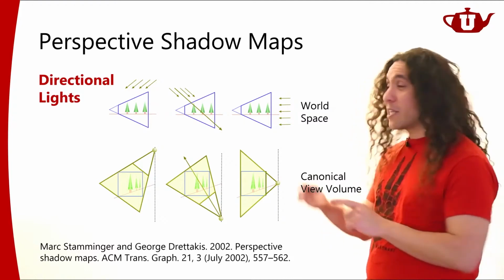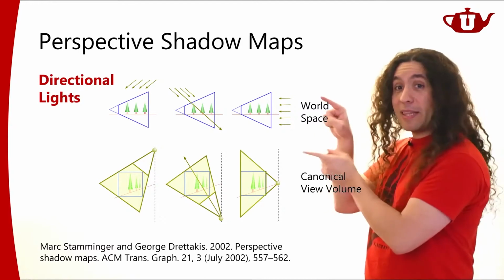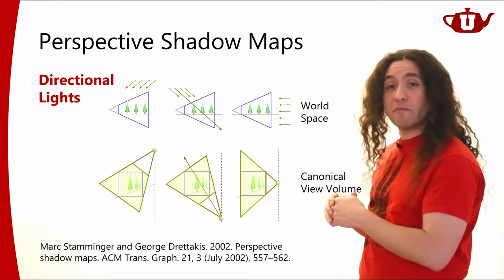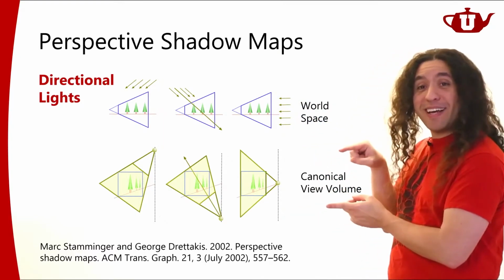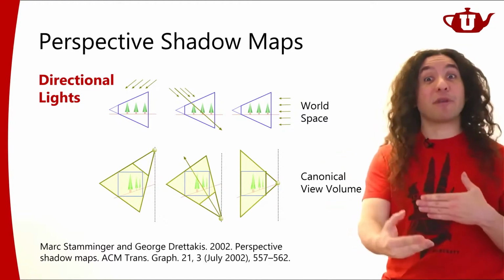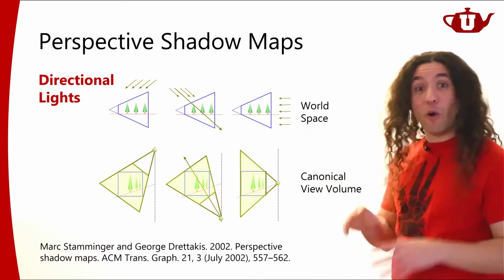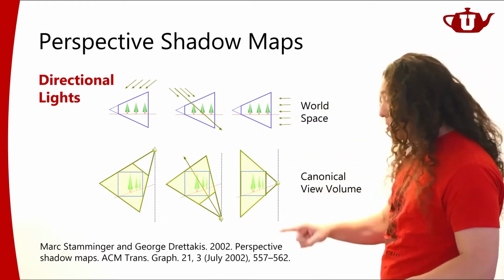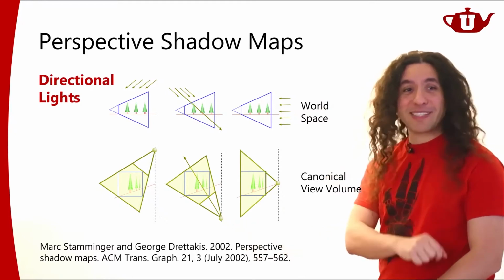So instead of trying to compute my shadow map in this space by generating some shadow map from the light source, I can compute shadow maps after I apply the perspective projection of my original scene camera. In this canonical view volume of my camera, my directional light source turns into a point light source, and then I can compute the shadow map for this.